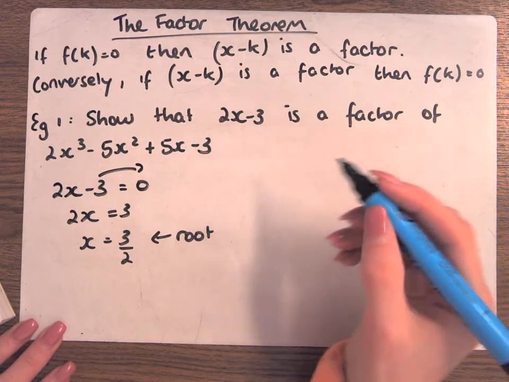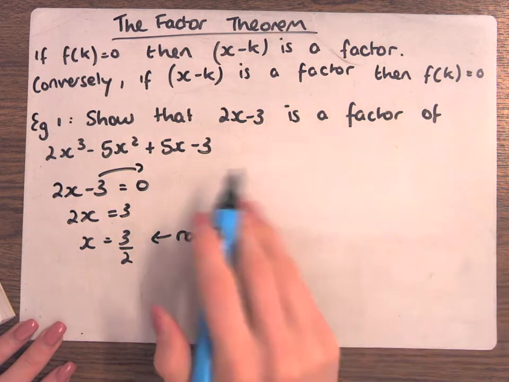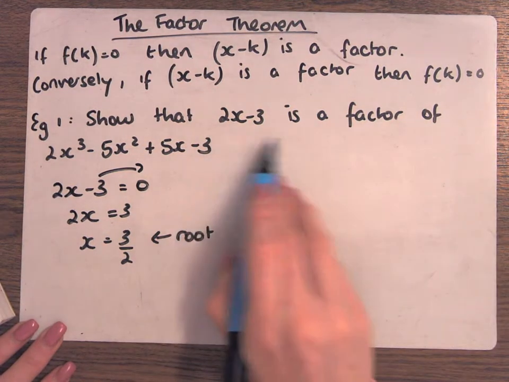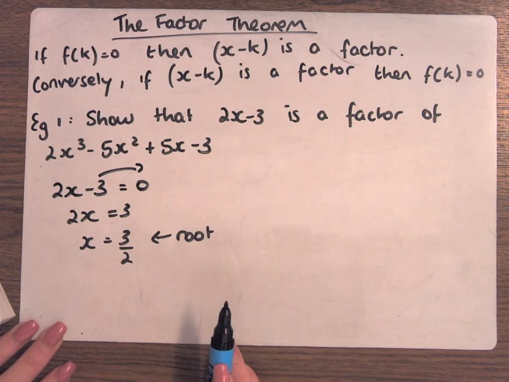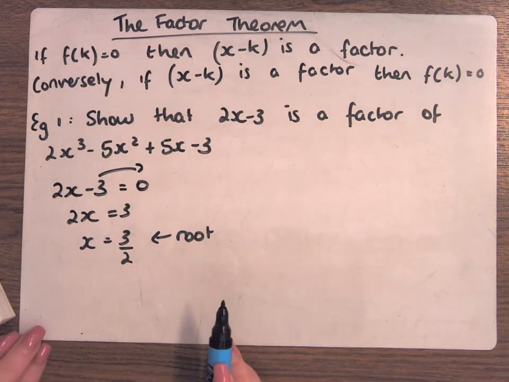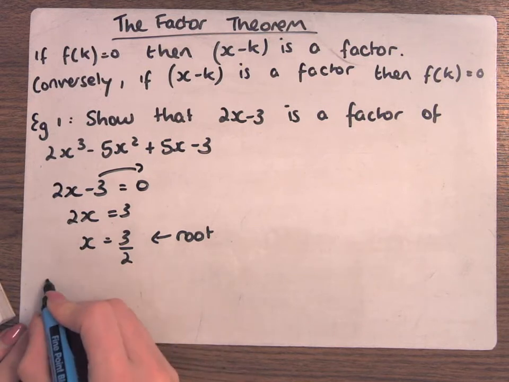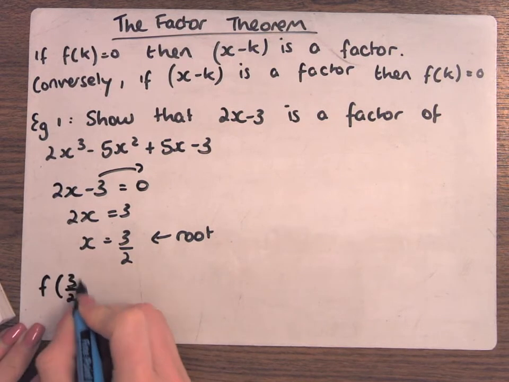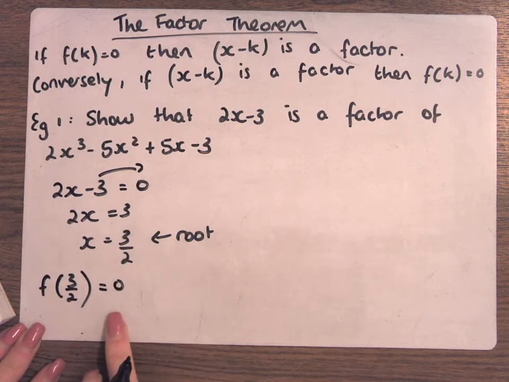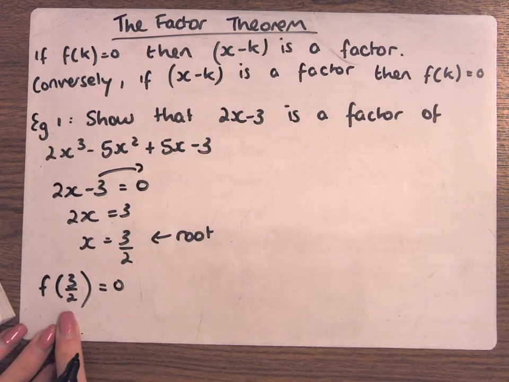Why do you take 2x minus 3? Because that's the factor, they said it to me. If it's a factor, when I fill it in, I should get 0. f of 3 over 2 equals 0. That just means fill 3 over 2 into your function instead of x, and you should get 0.